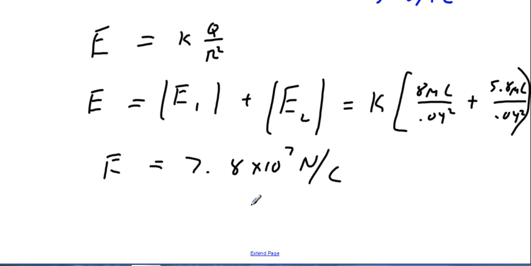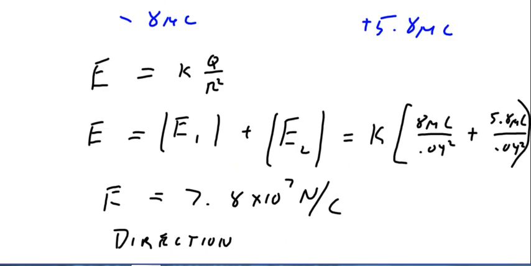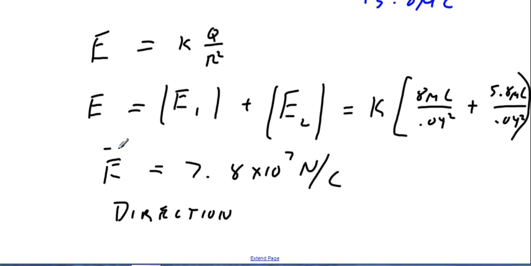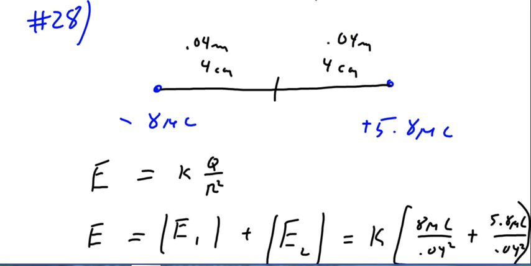Now, the issue is which direction is it going? So direction, and the direction of an electric field is always going to be from the positive guy to the negative guy. So the electric field is going to be going from positive to negative.